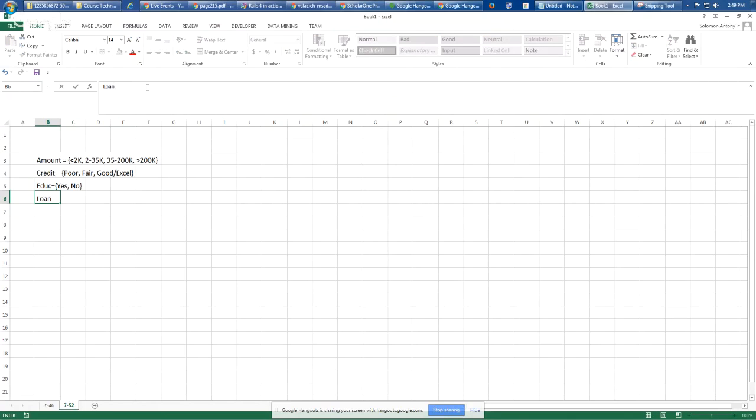So loan less than cost could be either yes or no. And also we have whether it has an account or not. Bank account is either yes or no. And whether the person is employed or not.